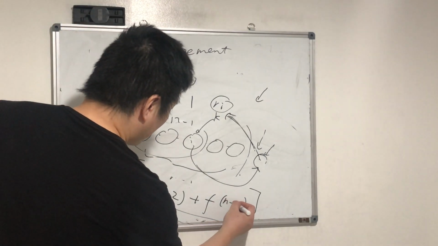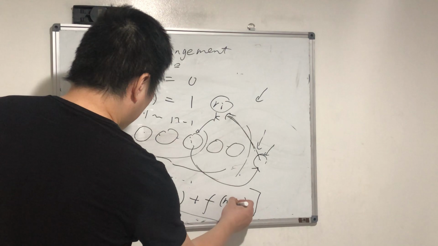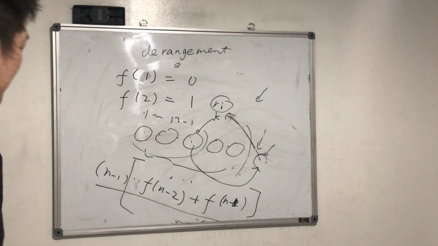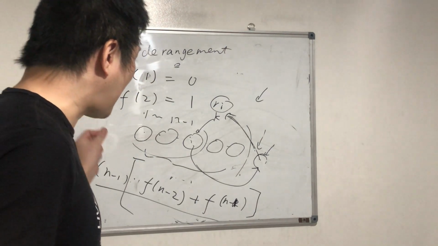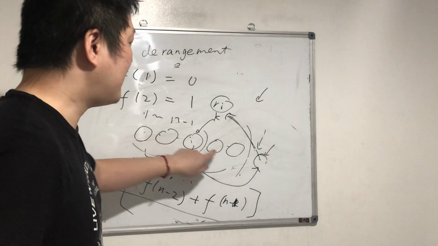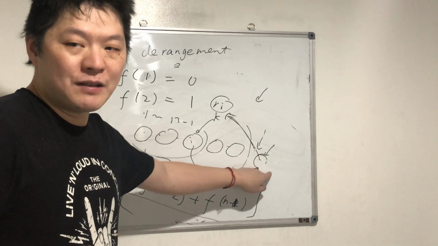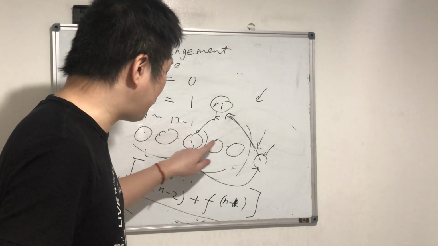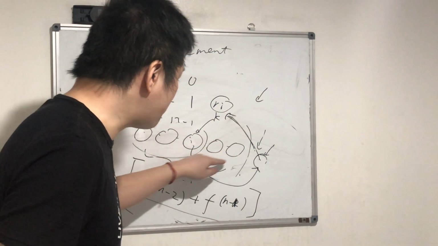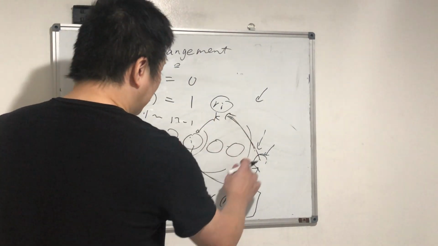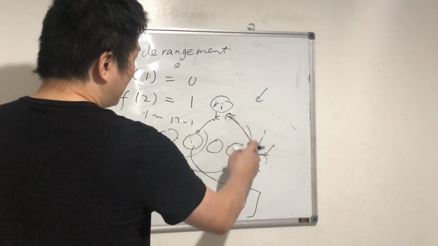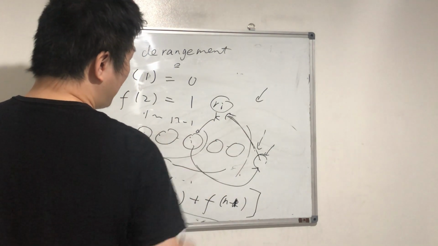Okay, f n minus 1. This is a bit tricky to understand. If I don't put the number k in the last position, then I have n minus 1. This is the solution of n minus 1, right?